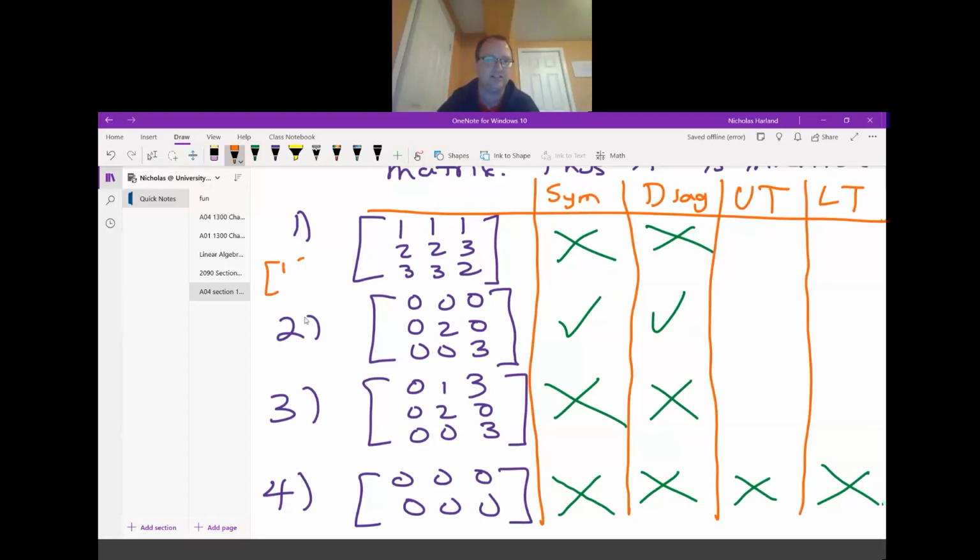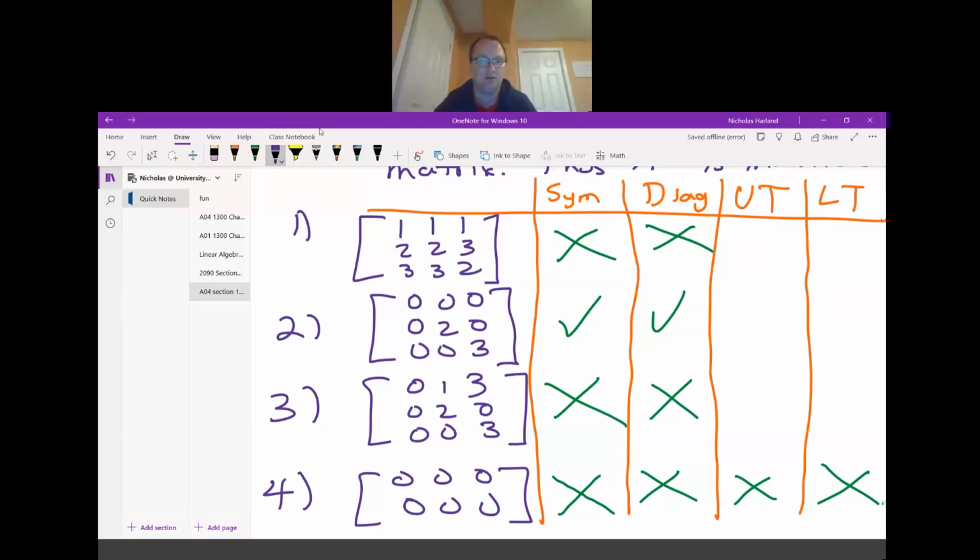No. So here's an example of a symmetric matrix that isn't diagonal. However, if you're diagonal, do you have to be symmetric? Yes. So all diagonal matrices are symmetric, but not the other way around, despite what my examples might look like. Somebody was relating it to triangular. We're going to get to that next.